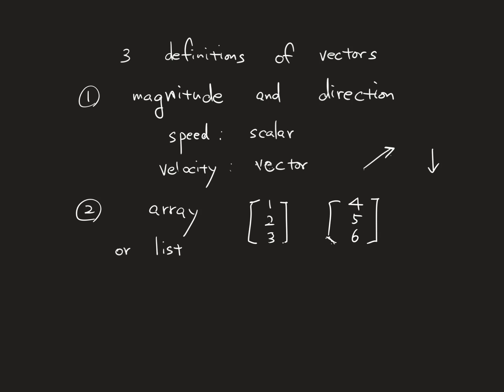This is called a column vector because this is a column shape, and this (1, 2, 3) is a row vector. So when you define vectors as array, what we mean is that array has the same meaning as the vector.